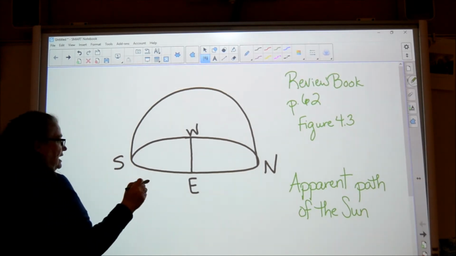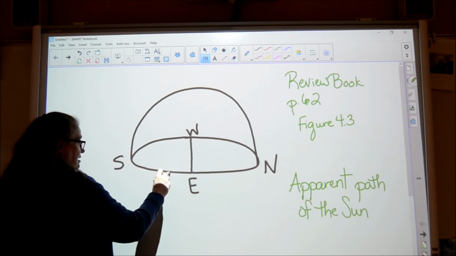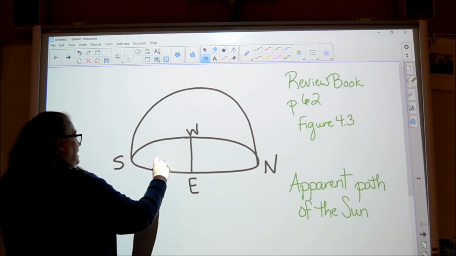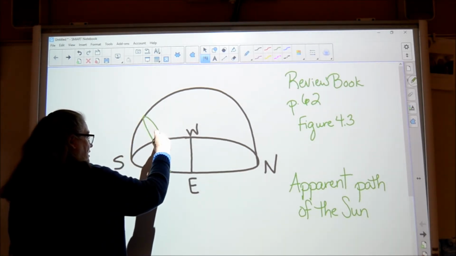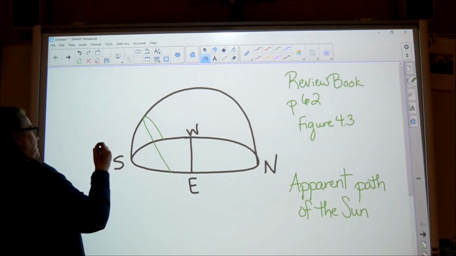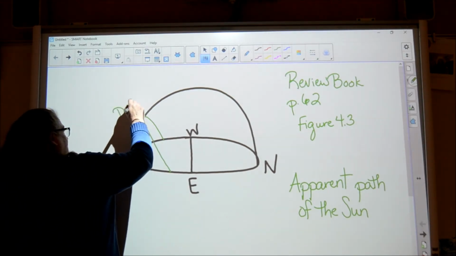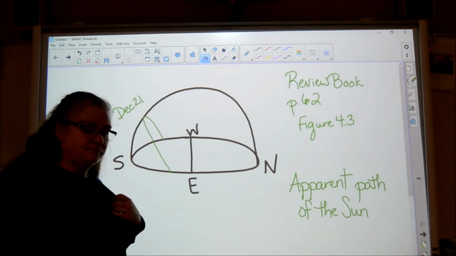So if we're looking at ours, it's lower in the sky. So my sun is rising, coming up, hitting its solar noon, and arcing back. All right? So it's going to be lower in the sky. So we're going to say that's December 21st. Probably actually even a little lower.